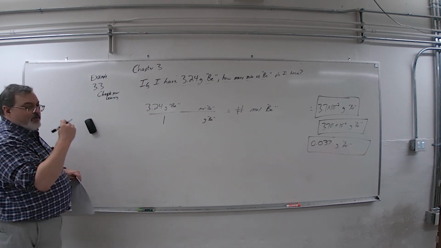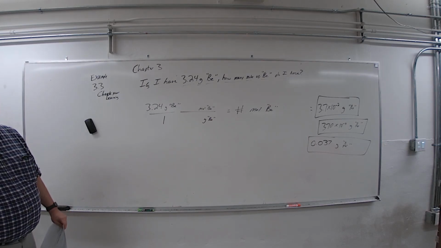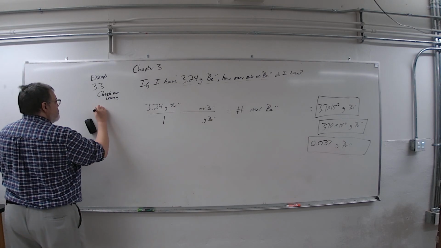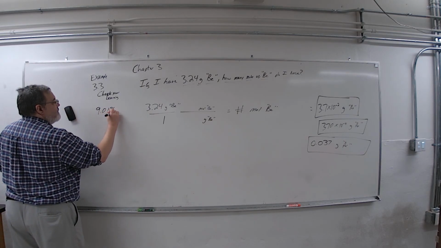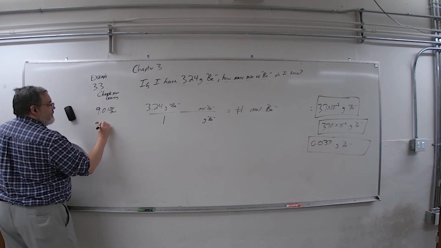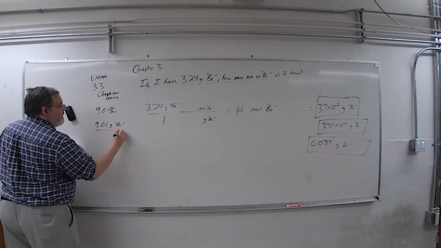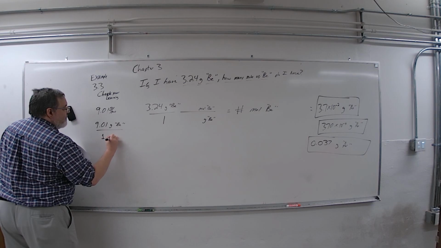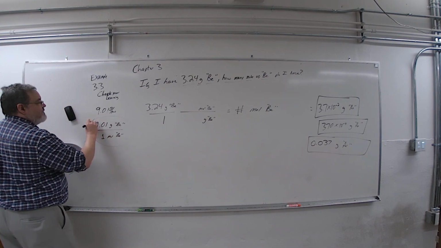Now look up Be on the periodic table. Top row. 9.01 grams per mole, which means 9.01 grams of Be to 1 mole of Be.